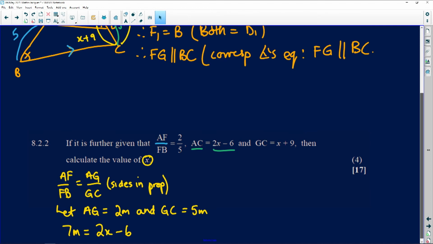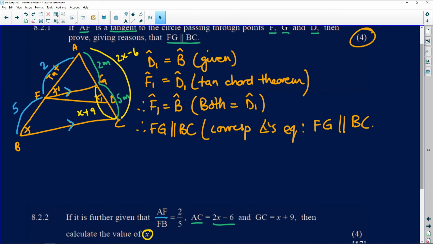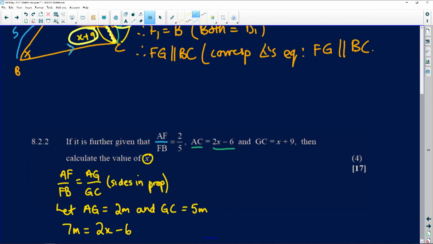Okay, we need another one. So let's see where there's more overlap. The next overlapping part is this x plus 9, which is this section there, which is equal to 5m. So x plus 9 is equal to 5m.